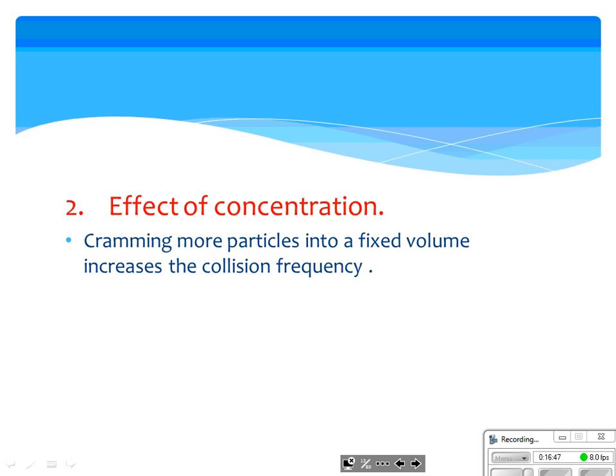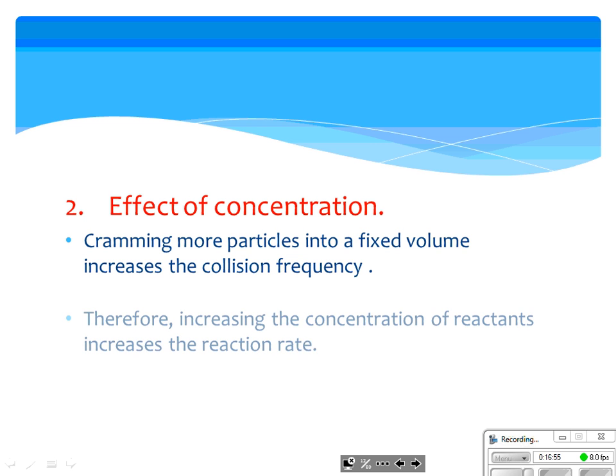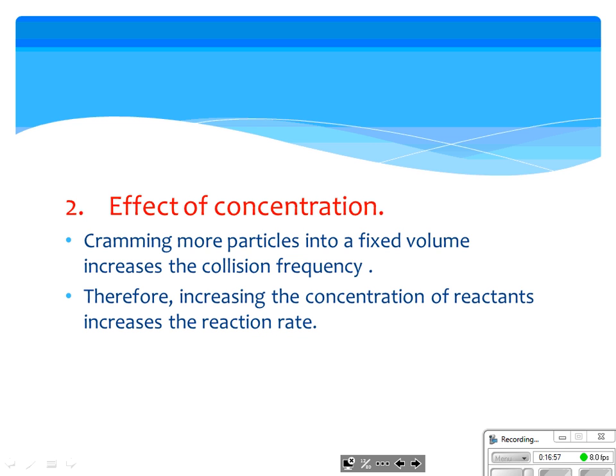Cramming more particles into a fixed volume increases collisions. When we increase collisions, we increase the rate of reactions. Therefore, increasing the concentration will increase the reaction rate. If I increase the molarity, boom, we're going to have a faster reaction.